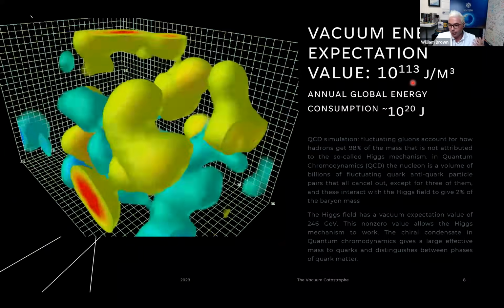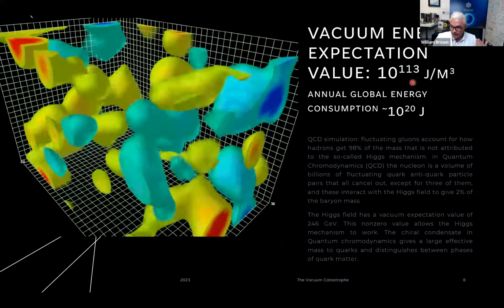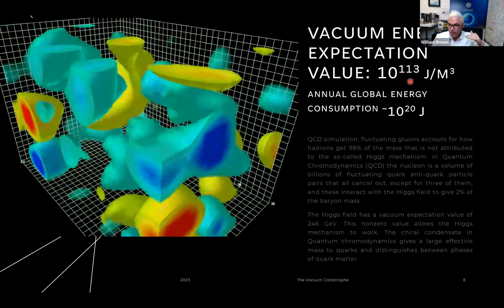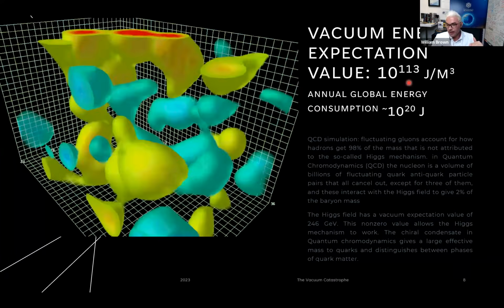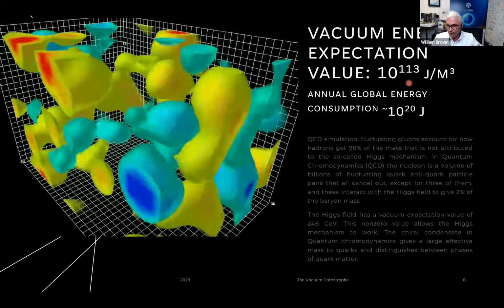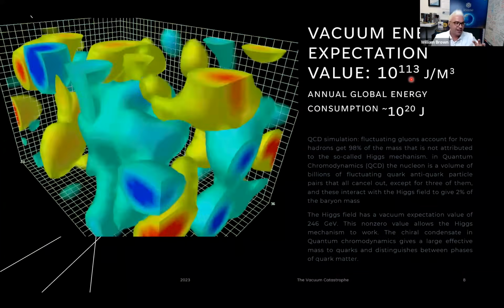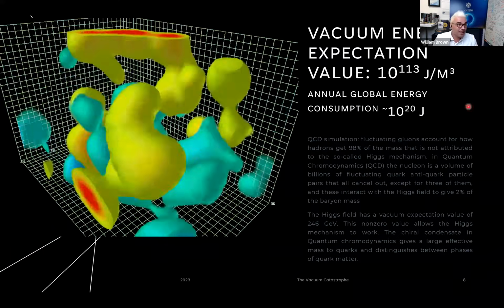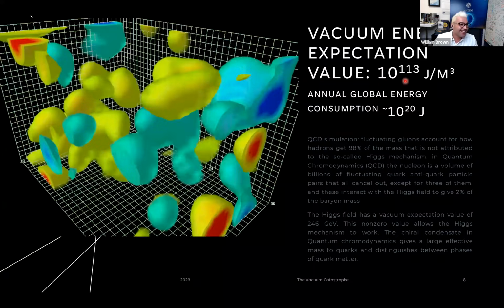But in the work we're doing, in the work Nassim has done, he's shown that undoubtedly there are sub-Planckian oscillators, sub-Planckian energy values. So really, the vacuum energy density probably is infinite. But we can take this number here.